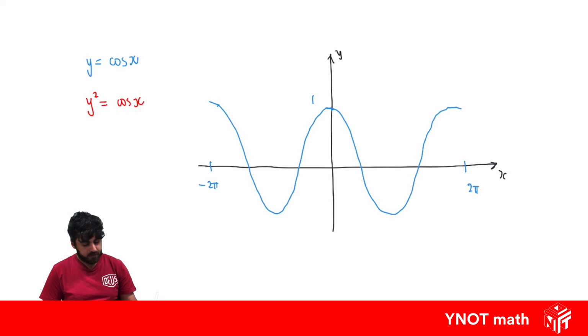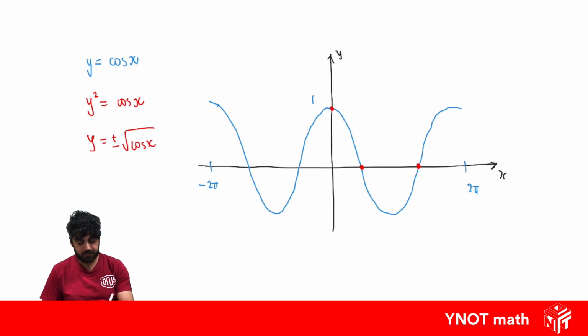Now, looking at the square root, because remember our y graph is just plus or minus the square root of cos x. So whenever we have a 0 value, we know that our square root function is also cutting there. And whenever we have 1, our square root function is cutting there.